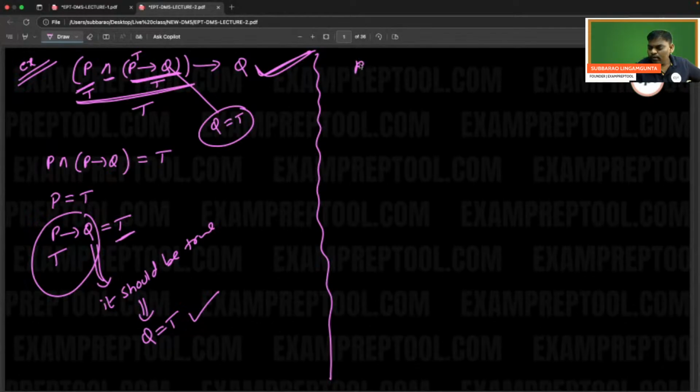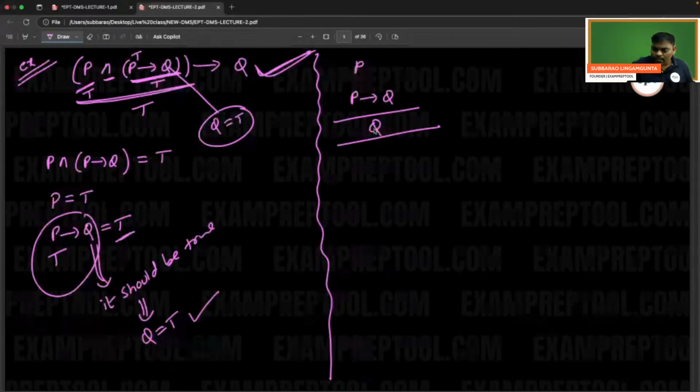The first premise is P, the next premise is P implies Q. These two combined derive the conclusion Q.